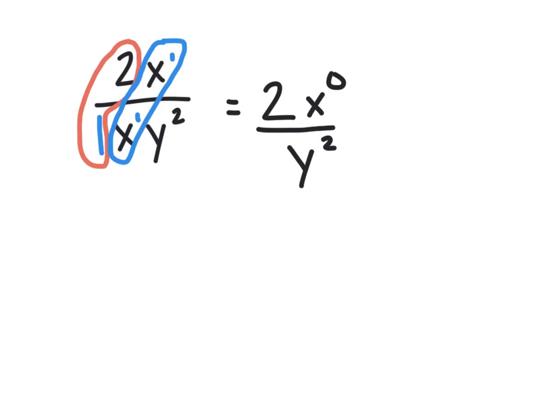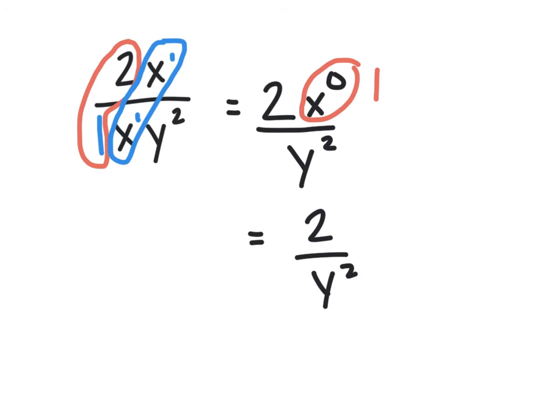There is no other power to divide y squared with, so it just stays put. And then the last thing we're going to do is realize that this x to the 0 is really just a 1. 2 times 1 is 2, so the result on this quotient is 2 over y squared.